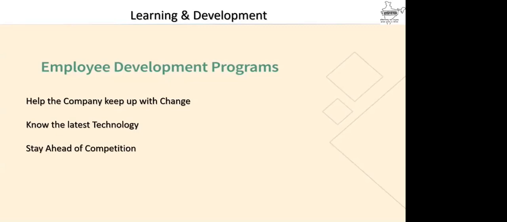One regular complaint that leadership have on L&D is, first, that they find it expensive. Second, they find that they cannot pinpoint the benefits emerging from L&D. The first part is, if people find it expensive, they should try doing without it, which they can't.